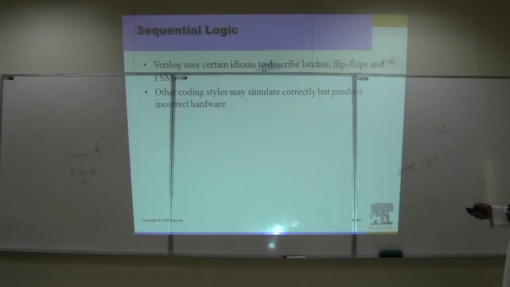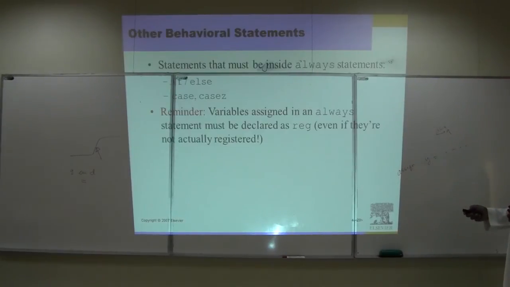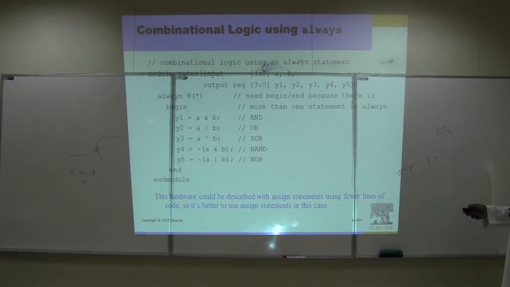But see this example, there is no assign here, because we are inside always. So if you write y equals something inside always, you do not need to write assign.